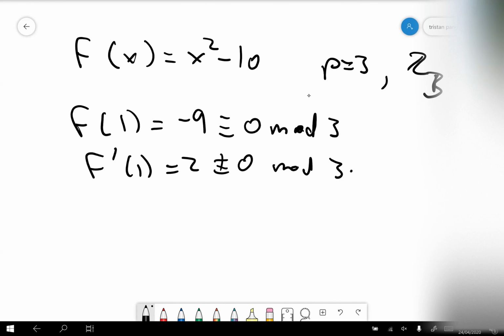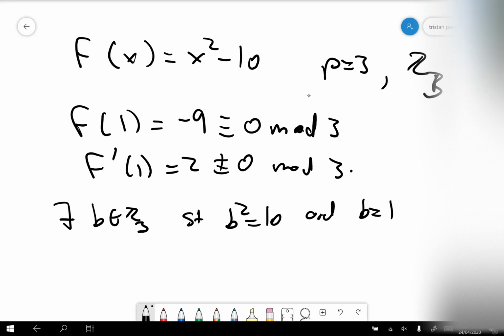So Hensel's lemma tells us that there exists a unique 3-adic integer b such that b squared is 10 and b is 1 mod 3. So this kind of just tells us that 10 has a square root in the 3-adic integers, or 3-adic numbers, I mean.